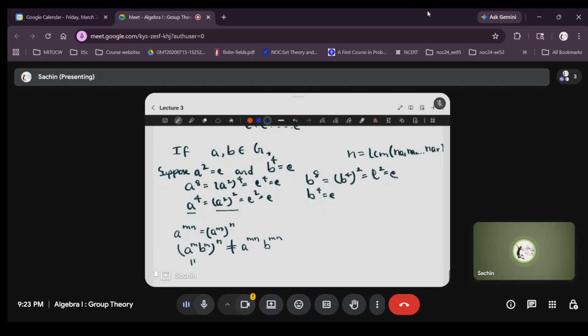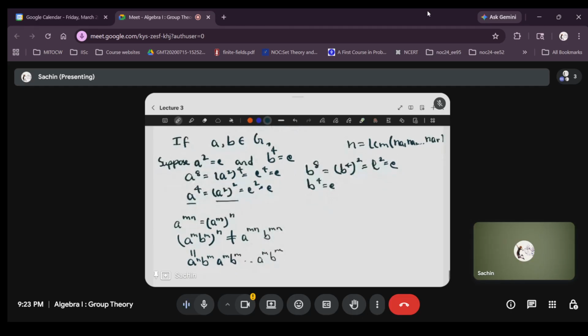This is equal to a power m, b power m into a power m, b power m, etc., n times. These two might not be equal. Only because we have one single element here, you can write it however you want. That is, a commutes with itself. That's why you can do these manipulations with single element a.